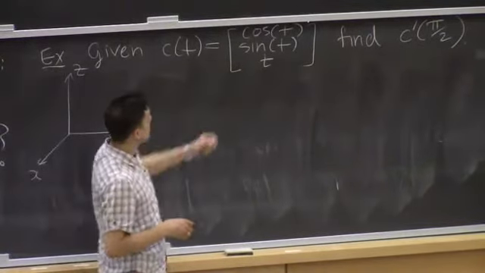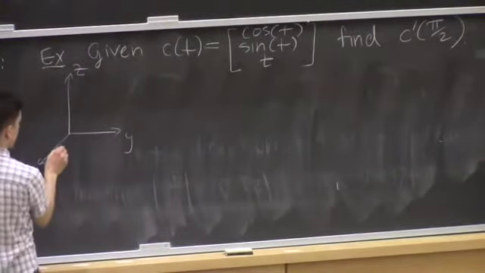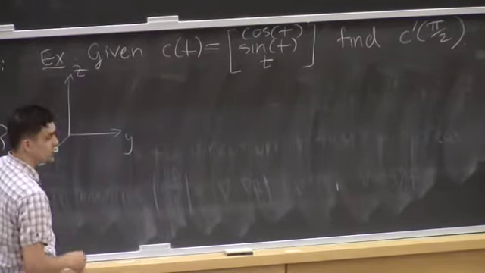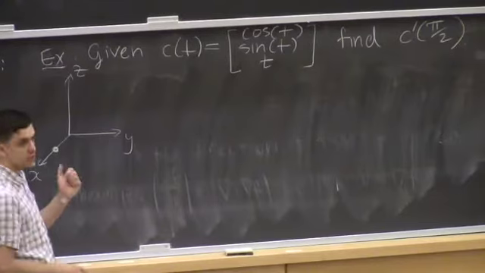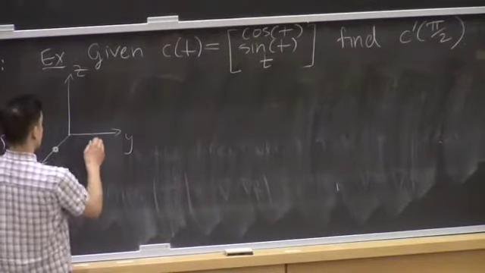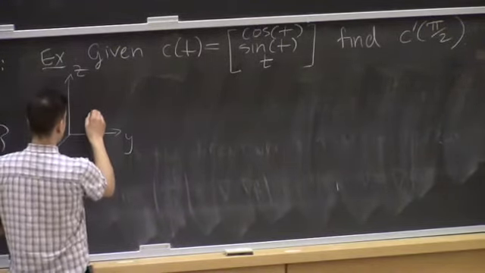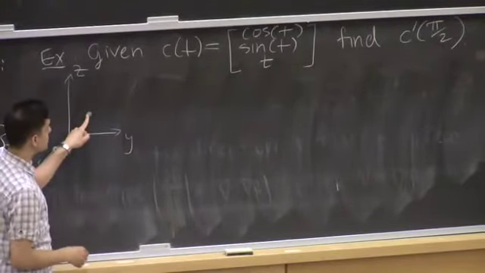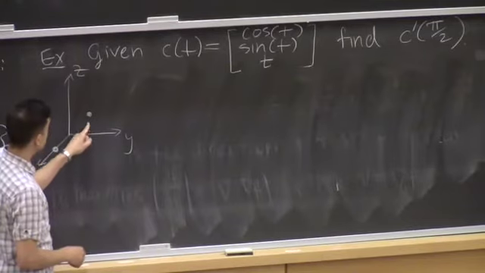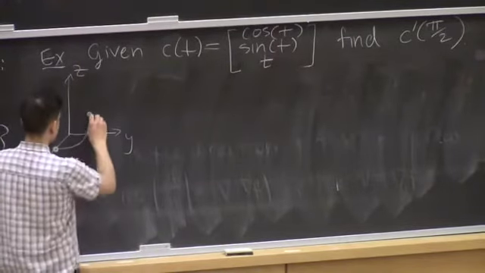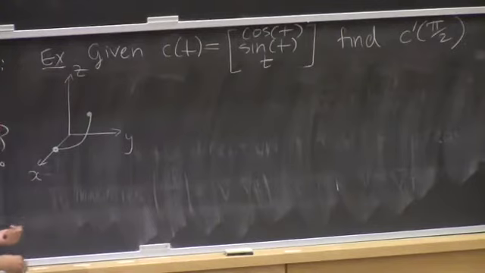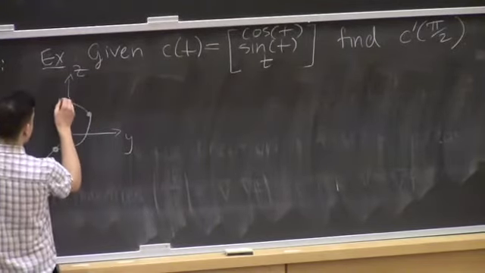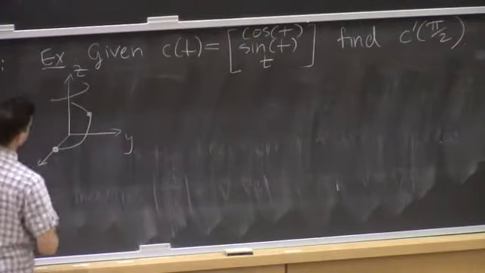If we plug in t equals 0, then our z coordinate is 0, our x coordinate is 1, and our sine coordinate is 0. If we plug in pi by 2, then our z will be pi by 2, sine will be 1, cos will be 0. So we'll go something like this, and we'll keep wrapping around like this.